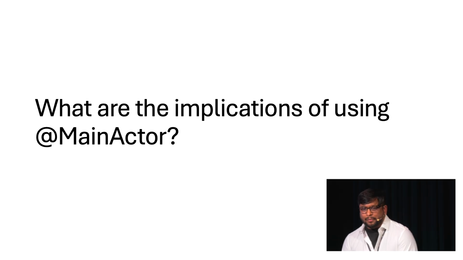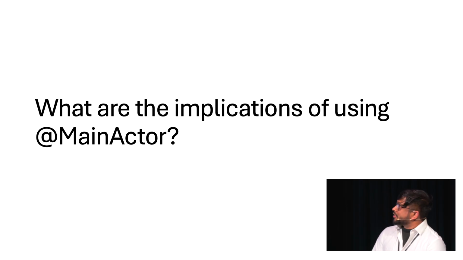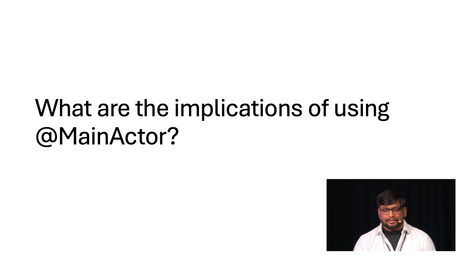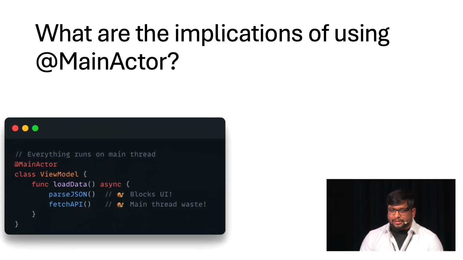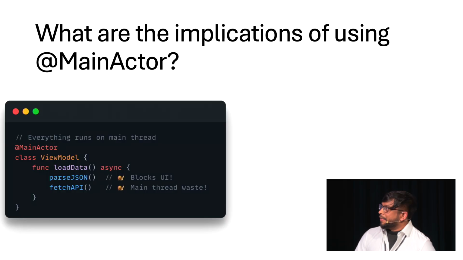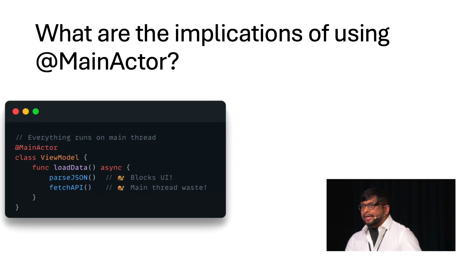Here's the other one. What are the implications of using the main actor? This is a question we see constantly on the Swift forums. Teams migrate to Swift 6, and we mark everything with @MainActor annotations to make the errors go away, and then wonder why their app performance degrades.